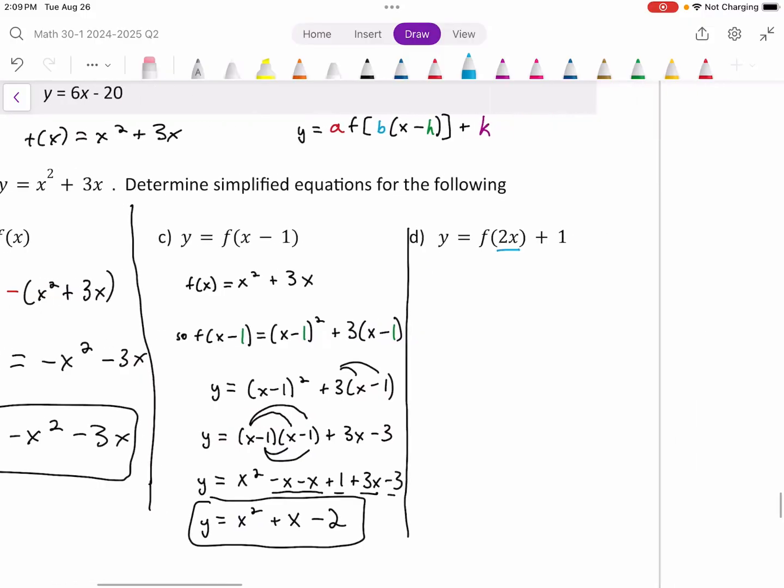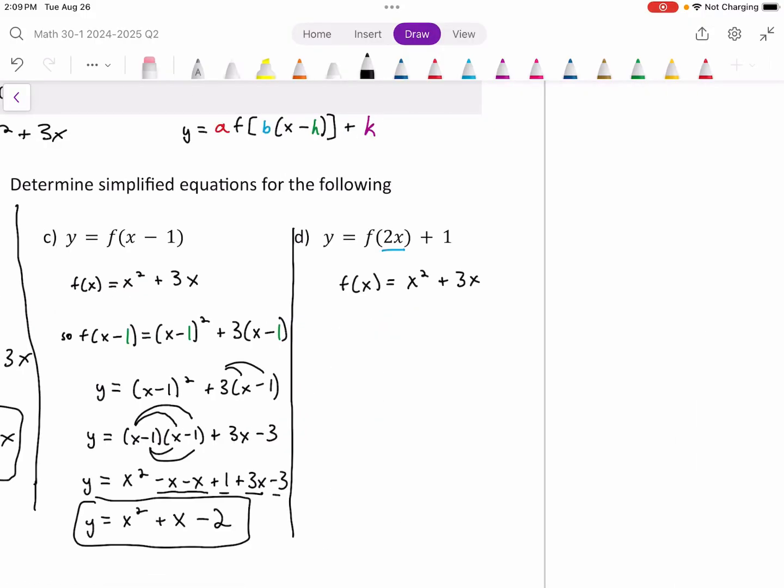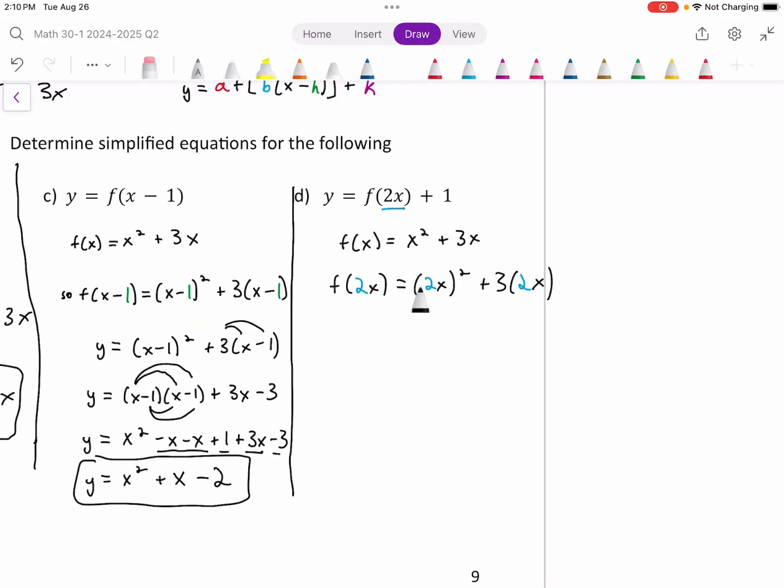So first, let's just get f of 2x. F of x is x squared plus 3x. So f of 2x is going to be, well, 2x squared plus 3 times 2x. Again, just putting in 2x wherever I see an x in the original function. That's what this is telling me to do. So if that's f of 2x, what's f of 2x plus 1?